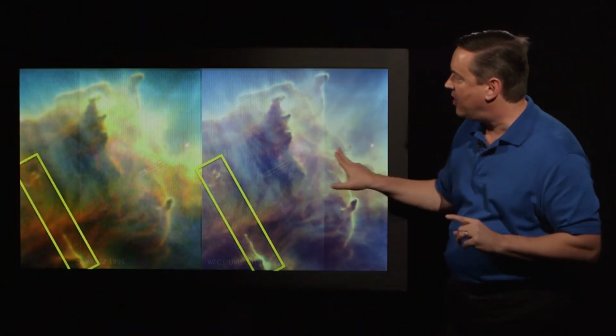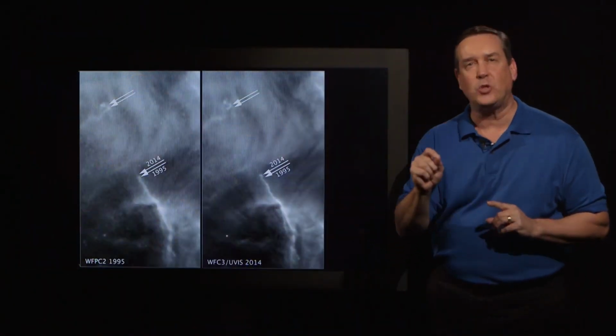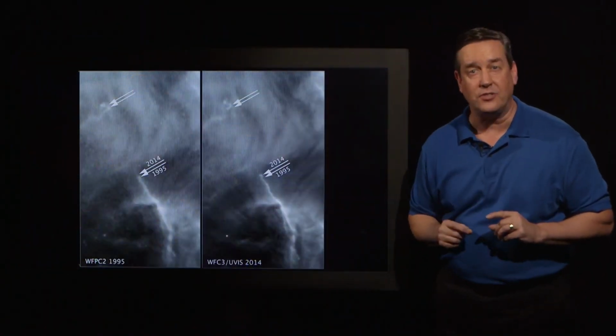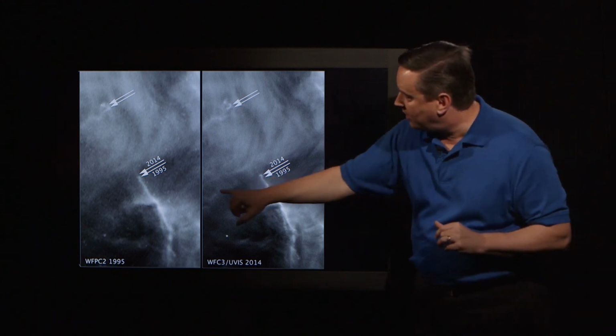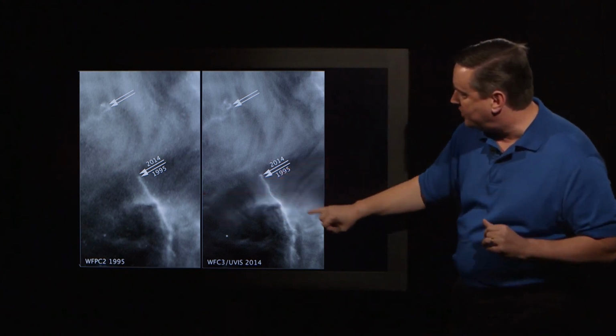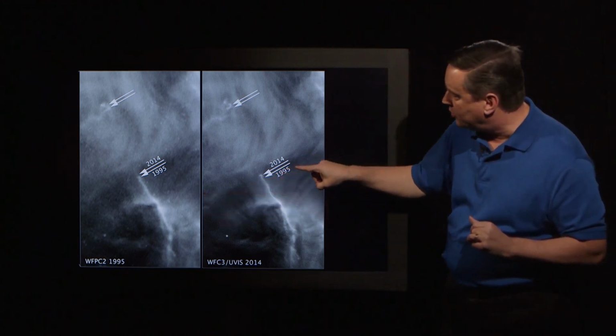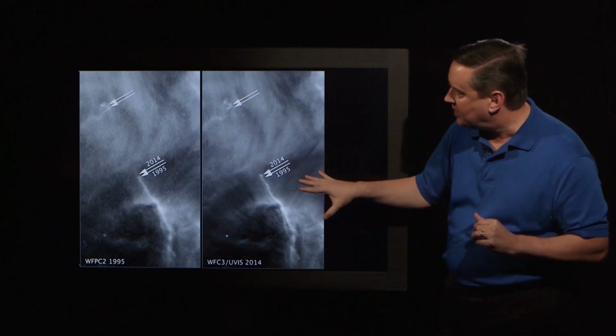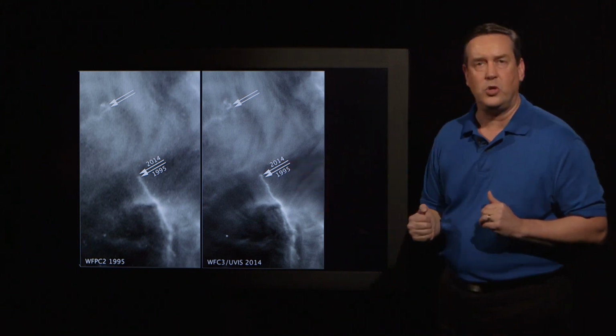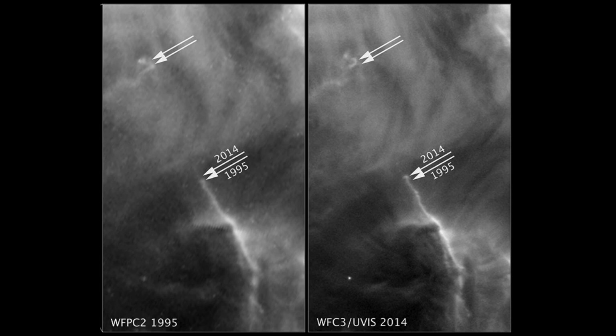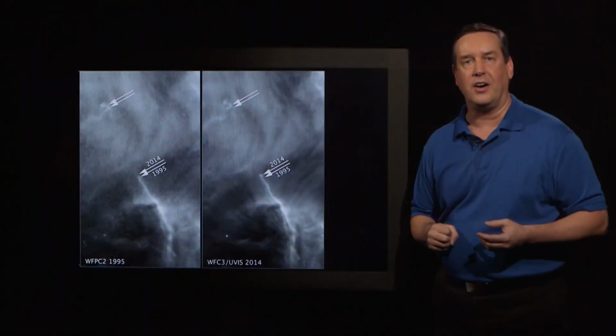If we compare them carefully, we can actually see the motion of those jets. So here is the 1995 image and the 2014 image, and the arrows indicate the end of the jet between those two epochs. Over 19 years, that jet traveled 60 billion miles. Not much changes in a human lifetime in the universe, but here we can actually observe something changing on our timescales.